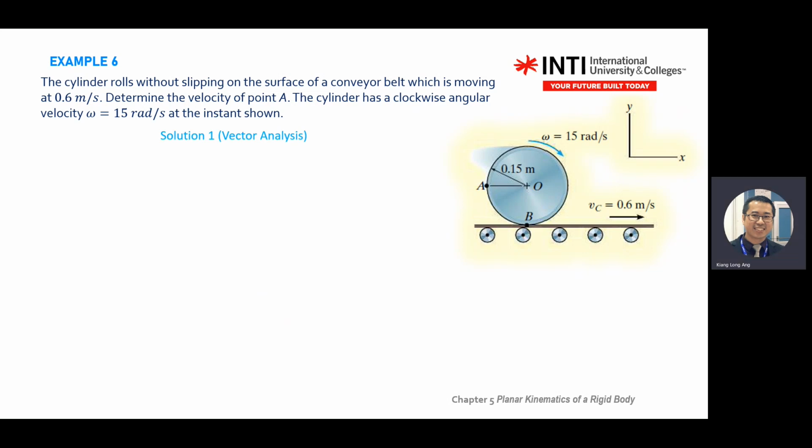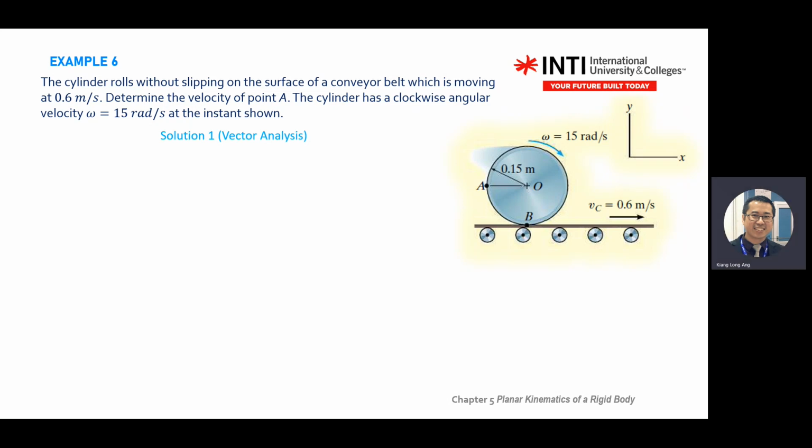But in this question, the cylinder is actually moving opposite of the conveyor. Can you see it? All right. So determine the velocity of point A. The cylinder has clockwise angular velocity at that instant.